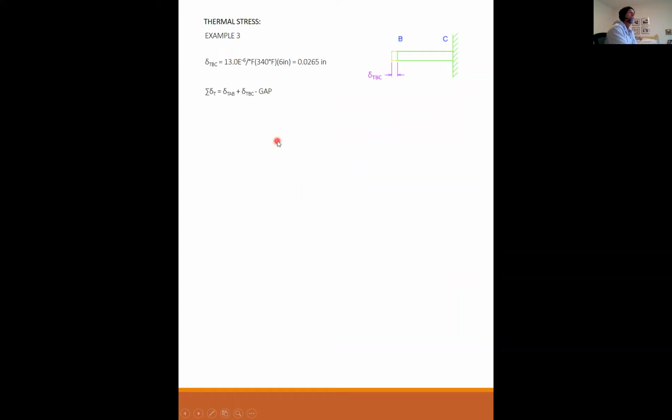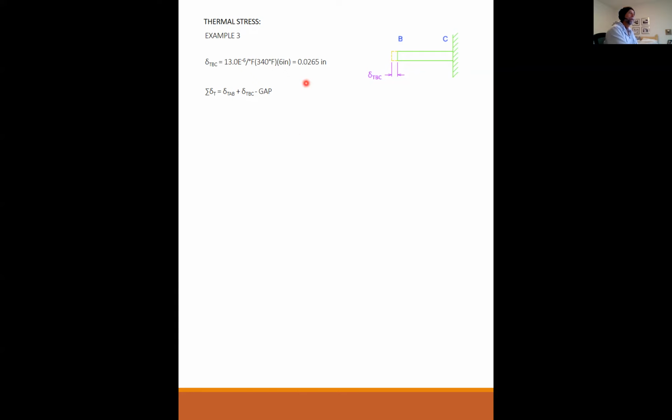So here's where the difference comes in. The total restrained deformation is how much AB wants to expand, delta T_AB, plus how much BC wants to expand, delta T_BC, minus the gap between the two. Because what we're looking for is the restrained deformation: how much did it want to grow and could not grow.